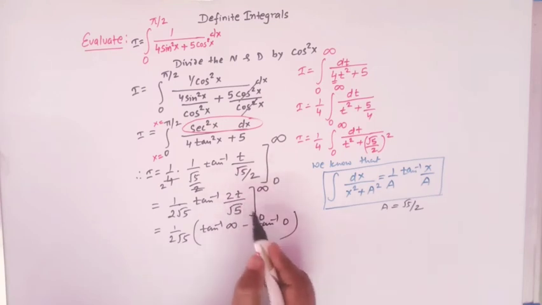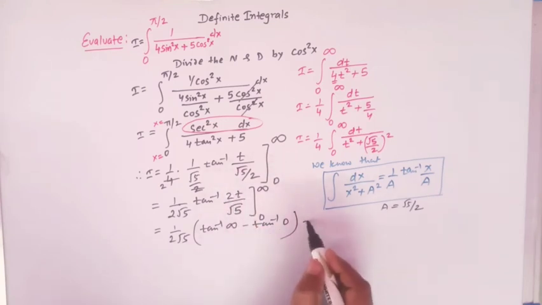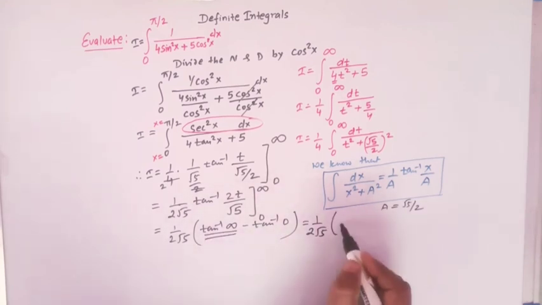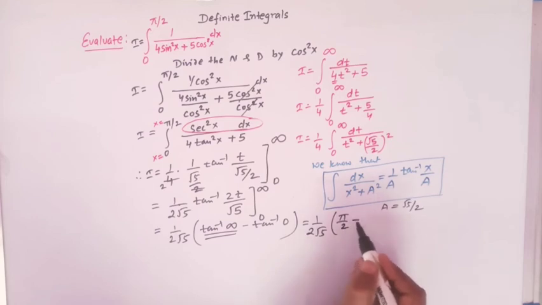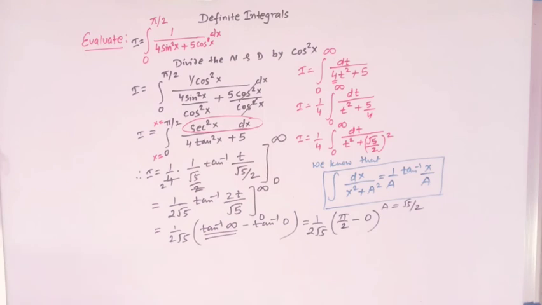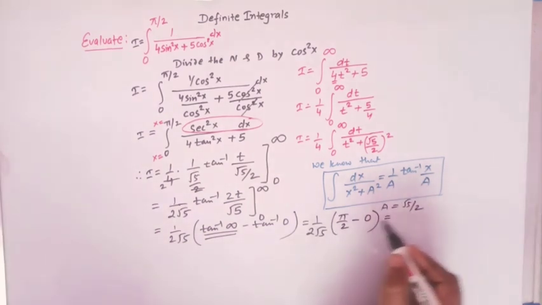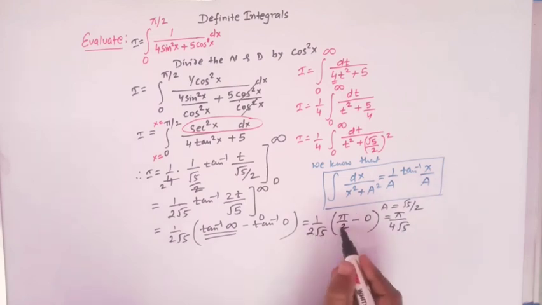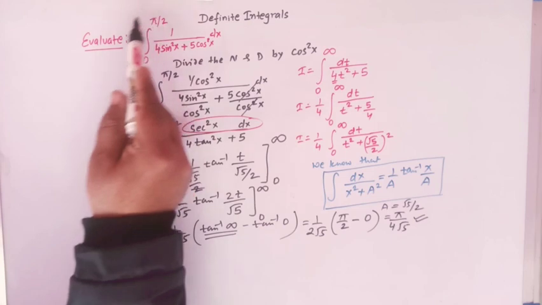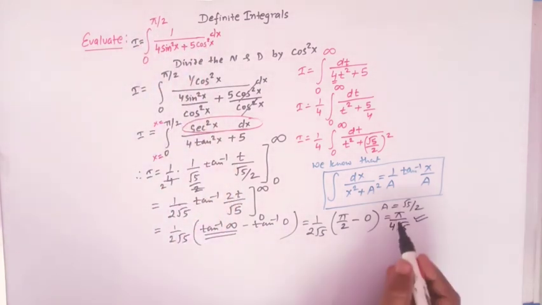So t equal to 0 gives us 0 here, and this is 1 over 2 root 5, and tan inverse infinity is pi over 2, and tan inverse 0 is 0, right? So now we have pi over 4 root 5, 2 into 2 is 4, so 4 root 5. So viewers, the value of this definite integral is pi over 4 root 5.